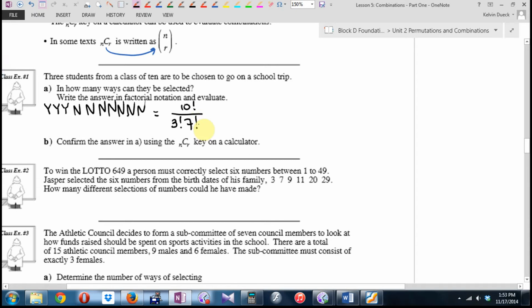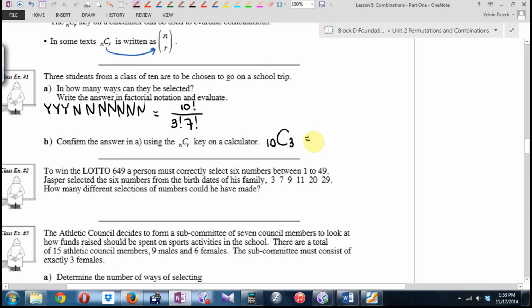As I've said, with a bit of cleverness, we can turn a lot of questions into words. But recognizing, hey, it doesn't matter whether you get picked first, second, or third. It only matters that you're going on the trip. This is a choose. This is a combination. I could go 10 kids, choose, not permutate, 3 of them. Either of those is your option.